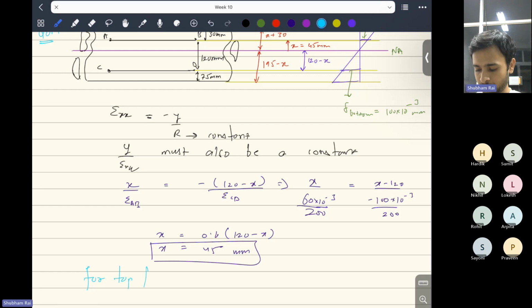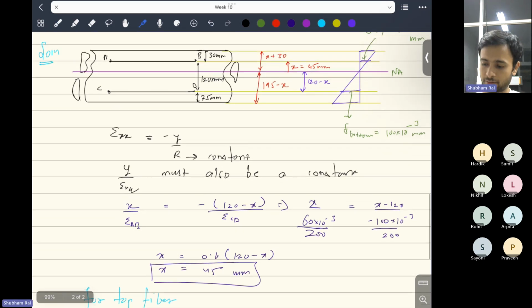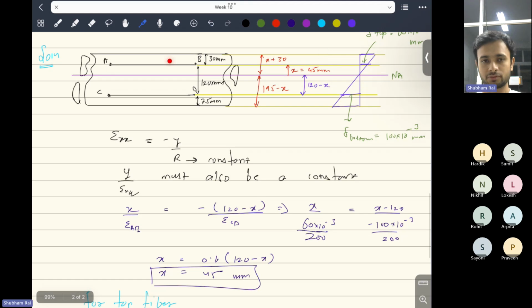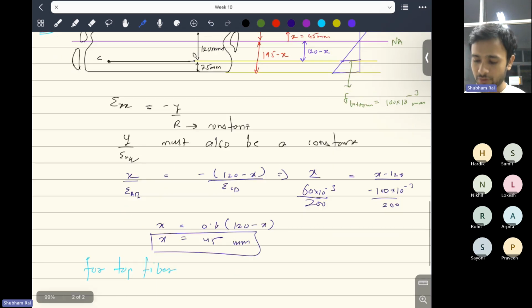For top fiber, and by top fiber I mean this topmost fiber here. AB was top fiber, but it was not topmost. Compared to CD, it is at top. And compared to AB, CD is at bottom. The topmost fiber is this one, which is at a distance of x plus 30 from the neutral axis. We know the value of x.